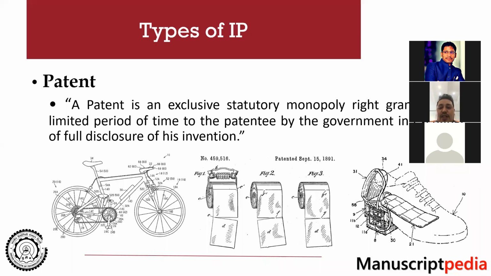Similarly, for shoes, somebody uses different material or a different mechanism. Before they disclose this to the market, they file the patent so that nobody else can use or misuse it. All the rights belong to the one who did it first. Yes, so next slide.